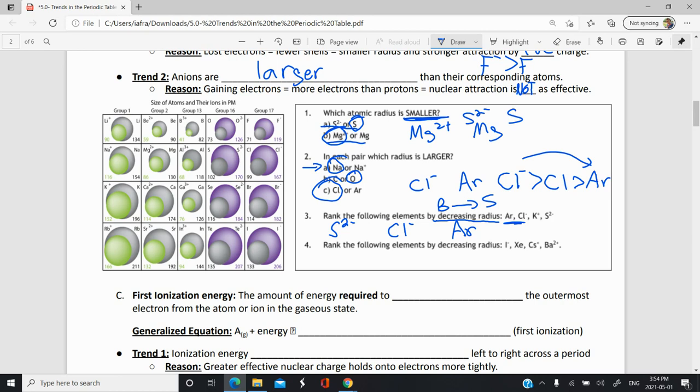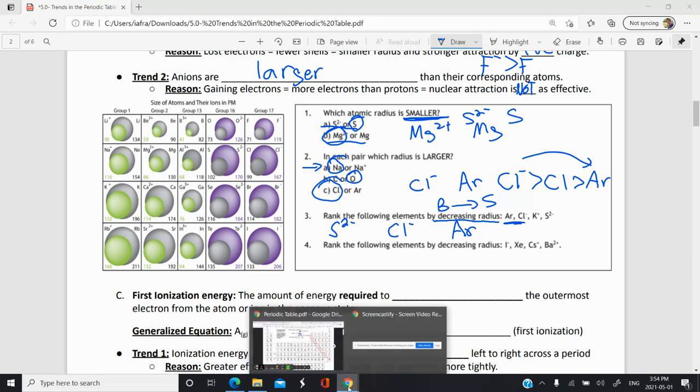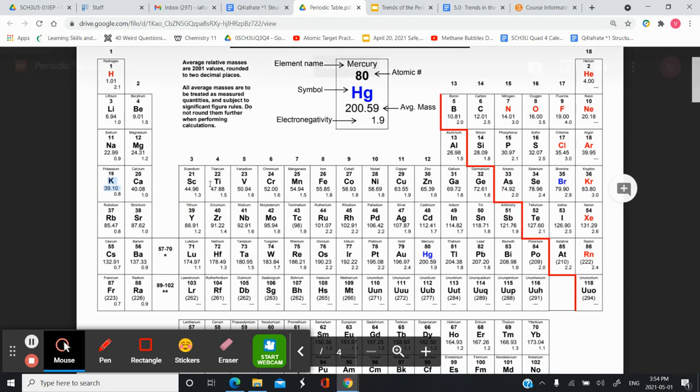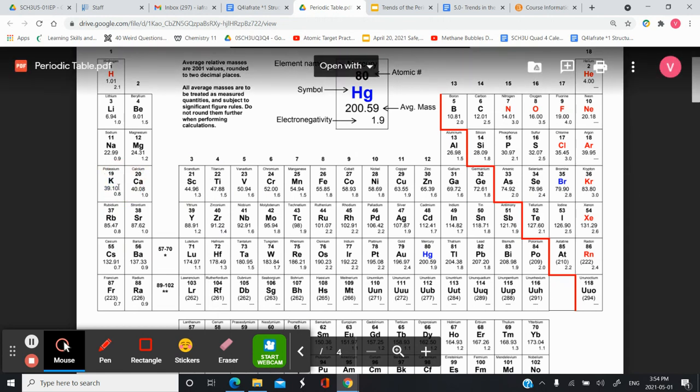And now I just really have to look at K+ and see how that works out. So this one's a bit interesting. We have K+ over here. And generally, we would say that K is a larger atom than argon because there's more shells.